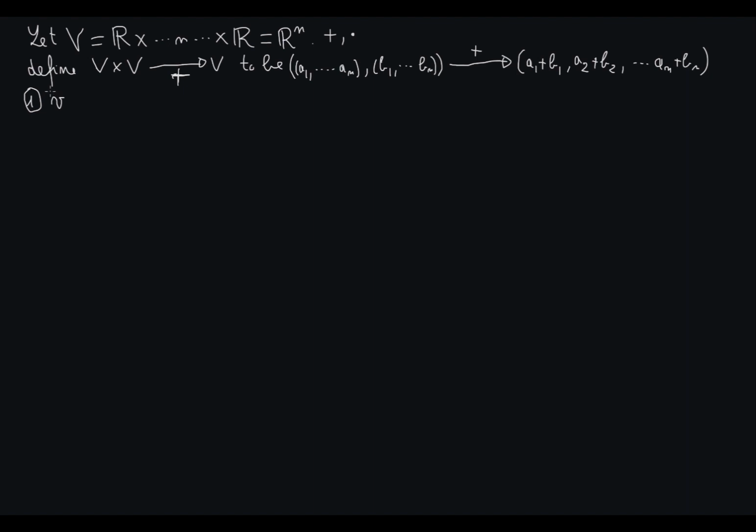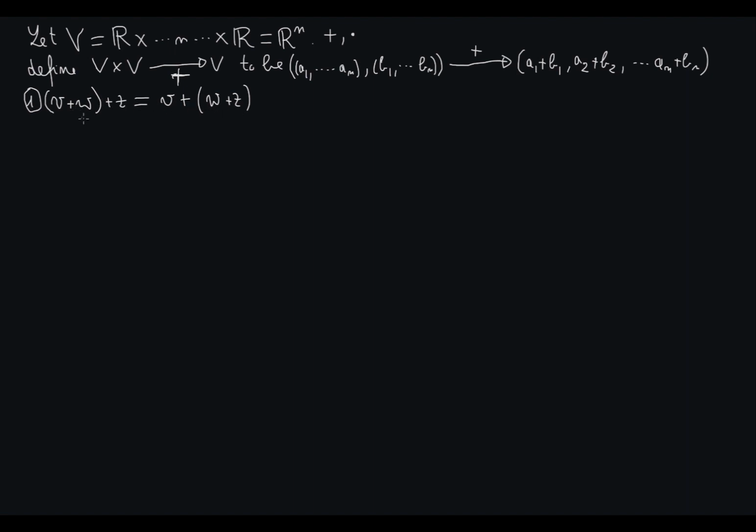Therefore, if we first take V plus W and then we sum the result with Z, is this the same as first summing V with the sum of W plus Z?